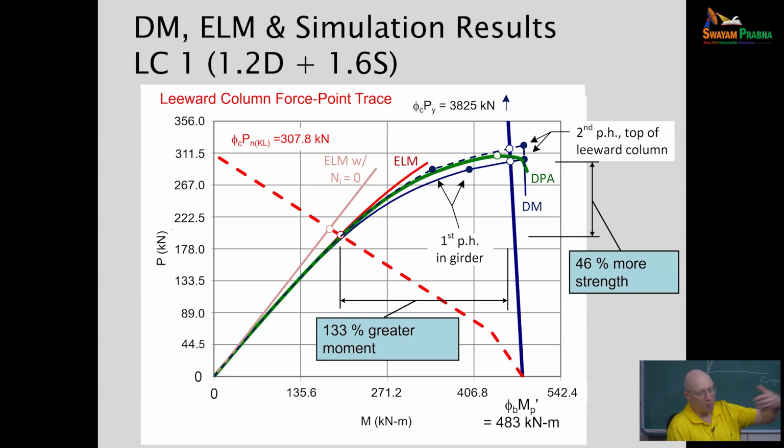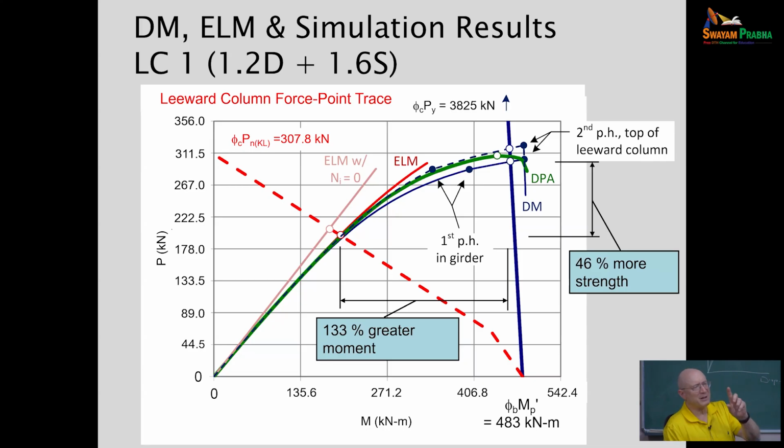And if we took it all the way out to that capacity, the moment that we have at the top of the column, which is also the moment we have in the roof girder, the moment in the connection between the column and the roof girder, the moment we have to design the column for out-of-plane lateral torsional buckling, is 133% larger. So that's 100 plus 133%.